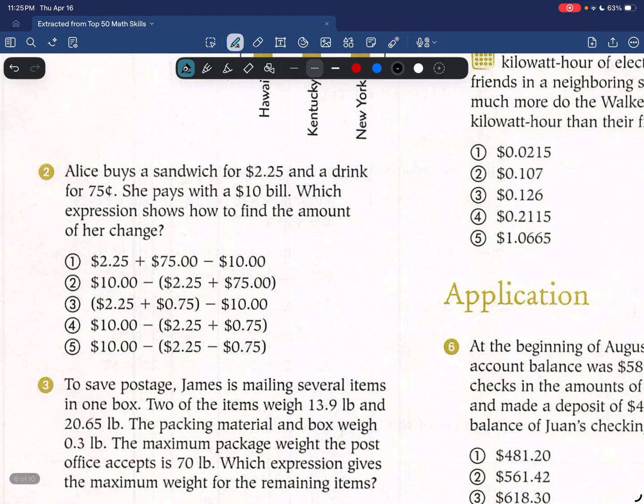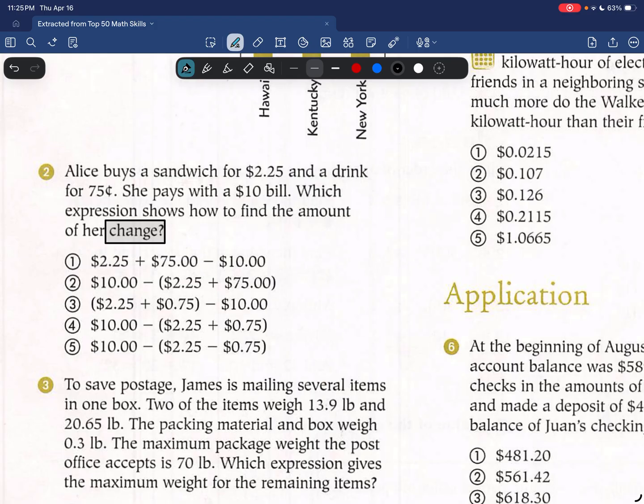Alice buys a sandwich for $2.25 and a drink for 75 cents. She pays with a $10 bill. Which expression shows how to find the amount of her change? Change indicates subtraction somewhere.